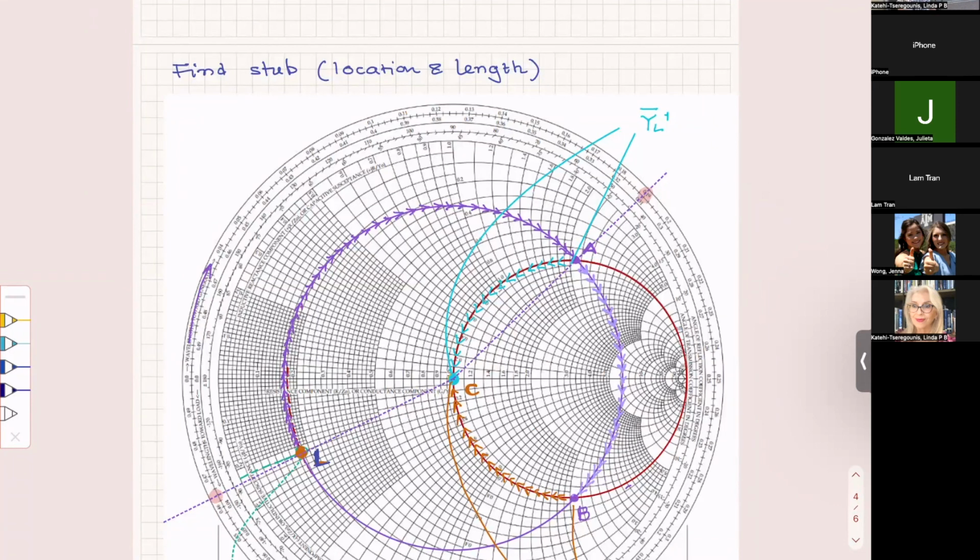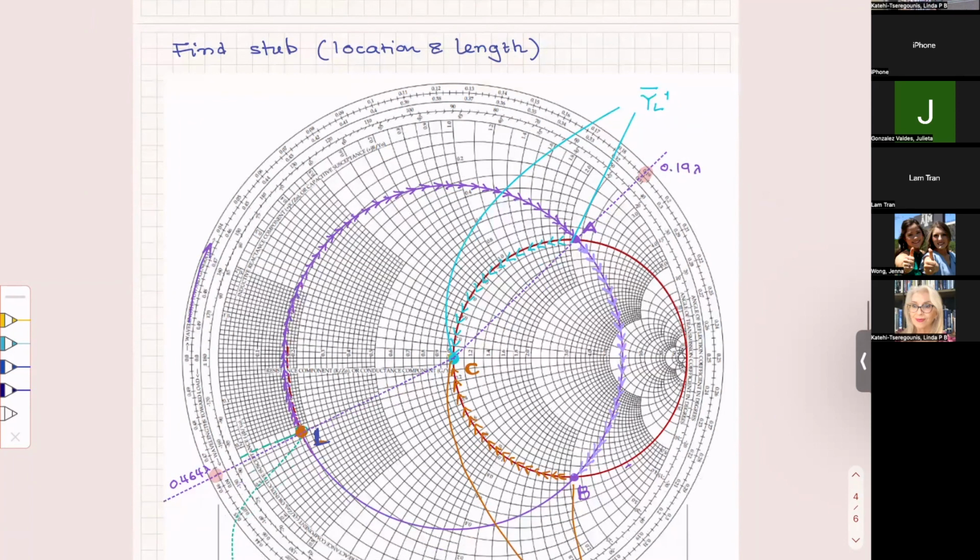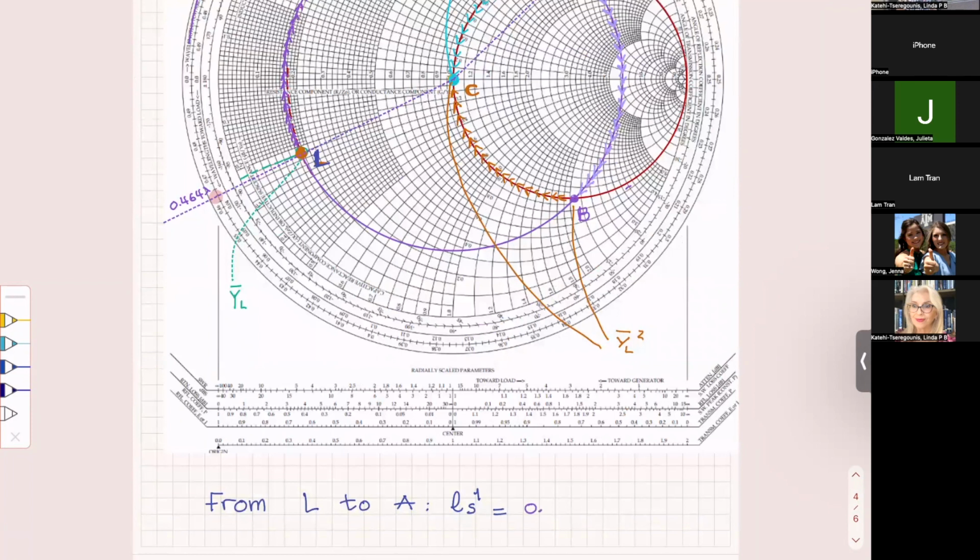So this point here is 0.464 lambda, and this point here is, rather, 0.19 lambda, and therefore LS1 is going to be... I'm going from 0.464 to 0.5.